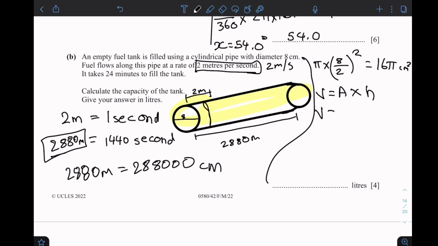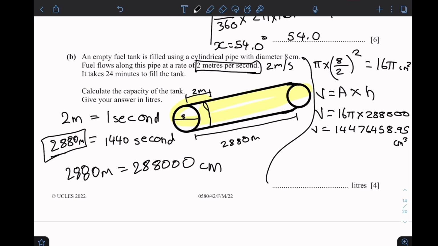So V is equal to 16 pi into 288,000. So V, which is equal to 14476454.58, okay, this is the volume in centimeter cubed.